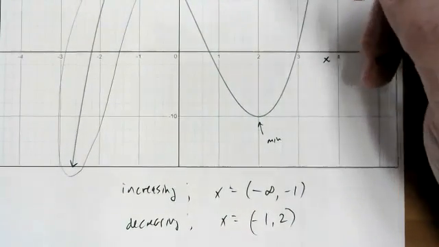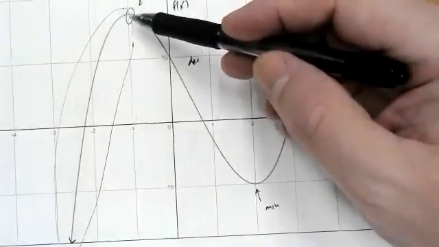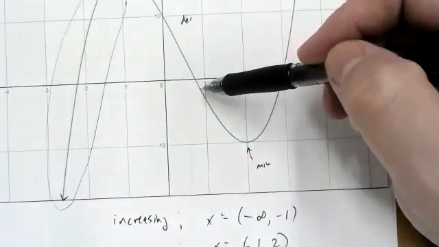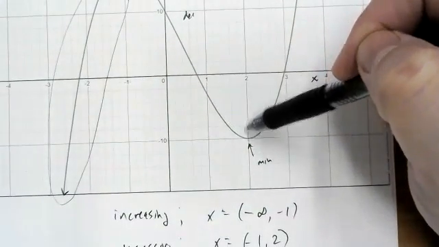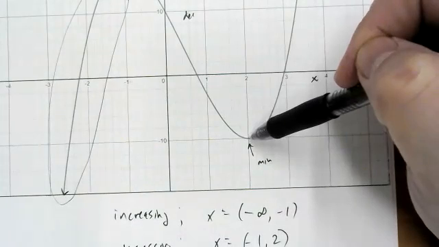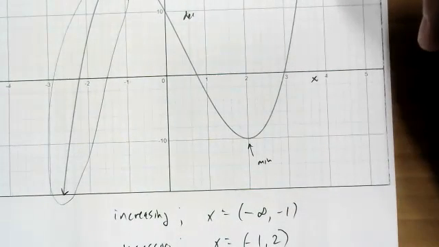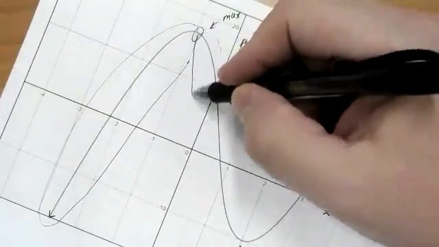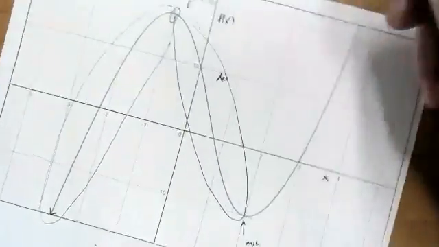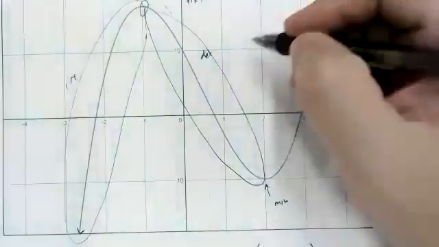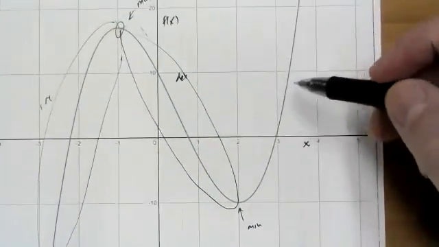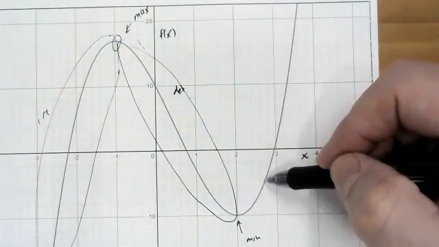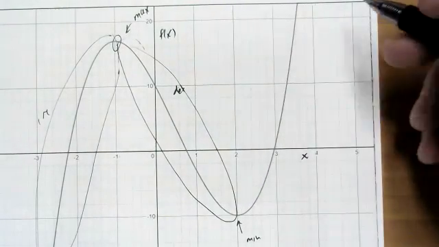So -1 to 2. So where is the function decreasing? It starts right here. When x is -1, it's decreasing, keeps decreasing up until x equals 2. And then it stops decreasing right here. So that's sort of the middle part. So increasing, decreasing, and then the final right-hand side of the graph, you're here. Definitely increasing.